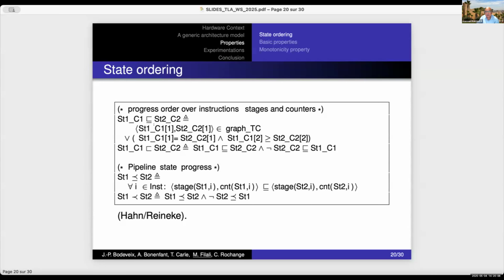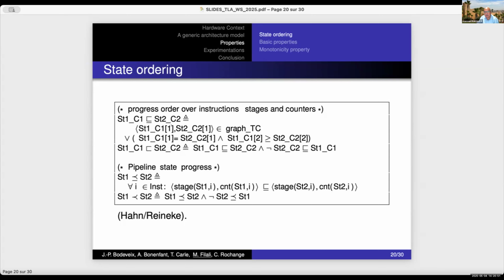So we say that either the stages belong to the graph of stages, for which we have supposed a partial order, or we have equality over the stages, but the counter of C1 is greater than the counter of C2.